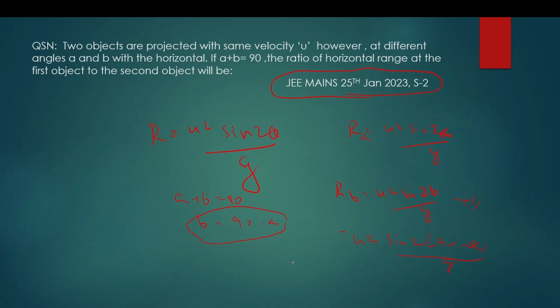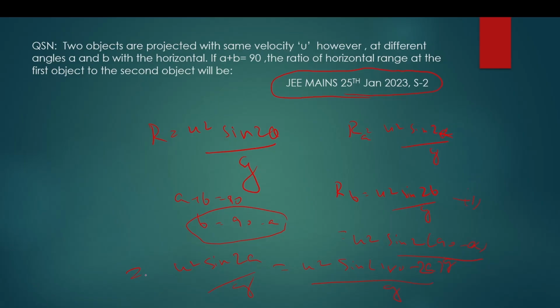Ultimately we are getting u square sine (180 minus a) by g. Since sine (180 minus a) is equal to sine a, we are getting u square sine 2a by g.